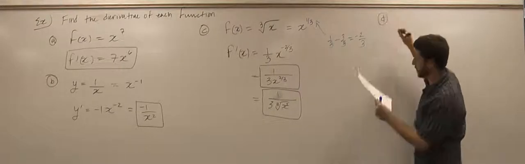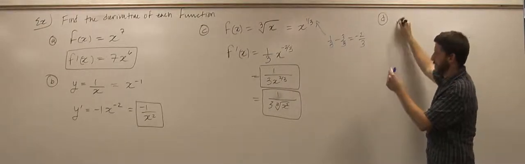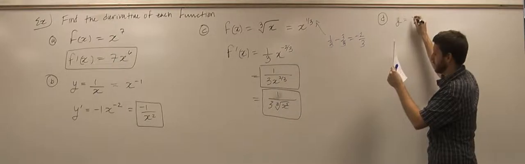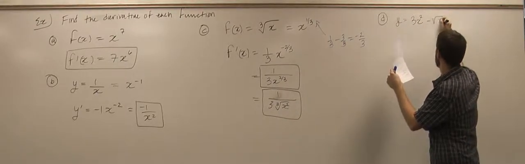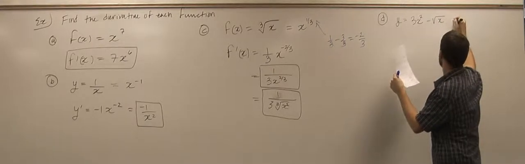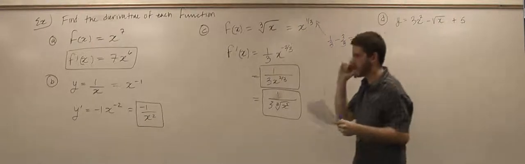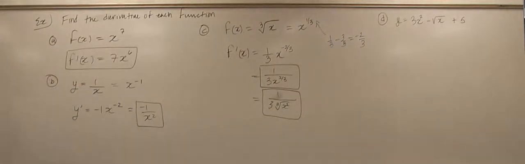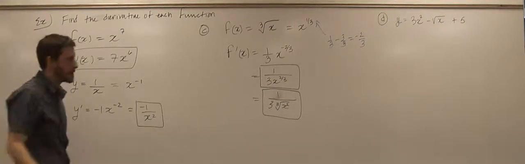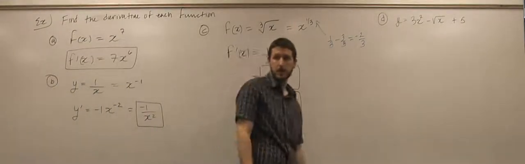Let me make it a little more complicated for you. 3x squared minus the square root of x plus 5. I want to find the derivative. We do separate ones and the constant we take out.